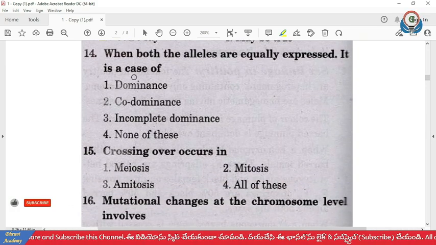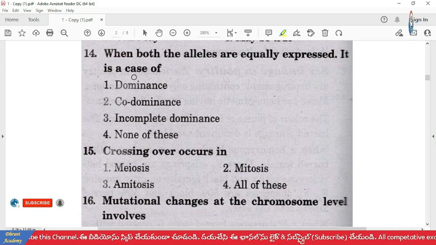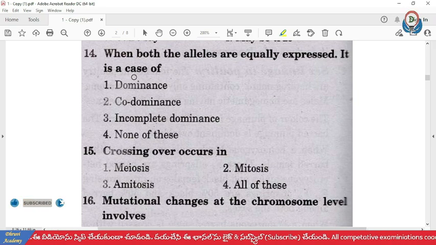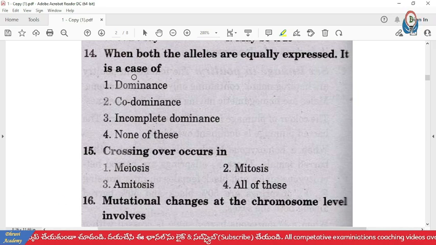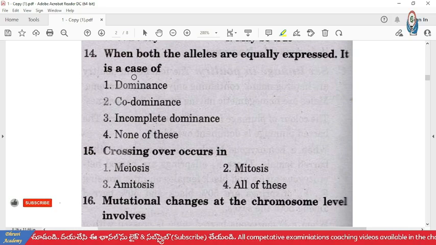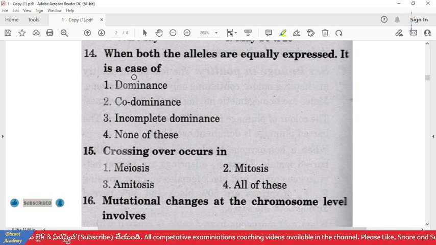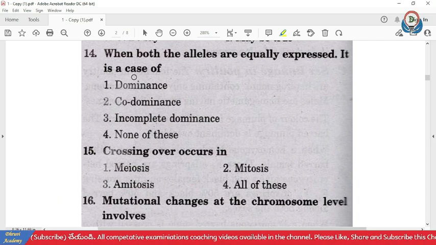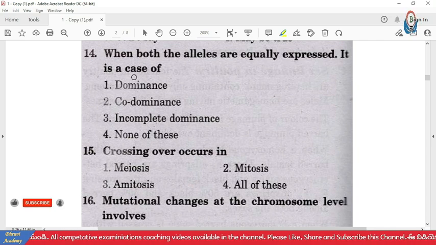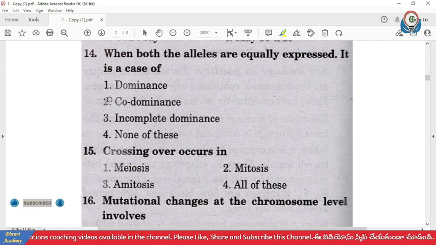Next, when both the alleles are equally expressed, it is a case of: first, dominance, second, codominance, third, incomplete dominance, or fourth, none of this. Which is the correct answer? They are saying both alleles are equally expressed. Its answer is codominance.